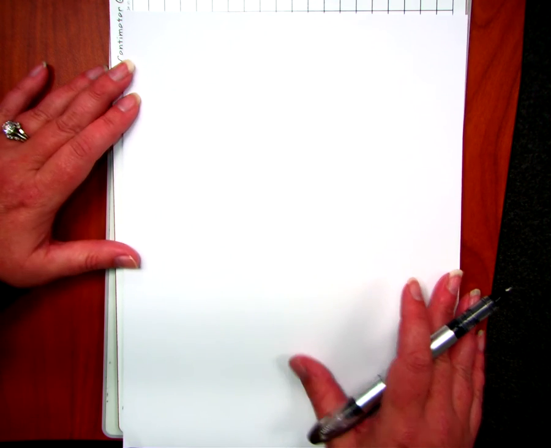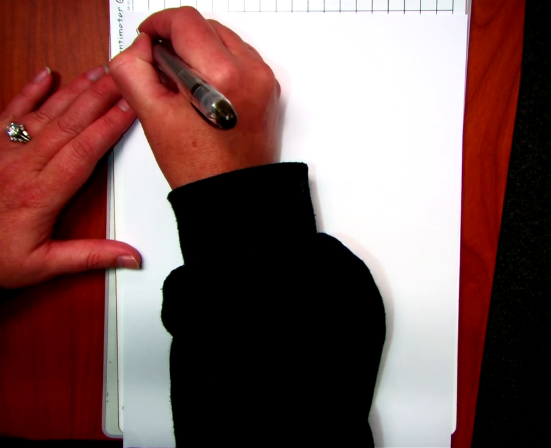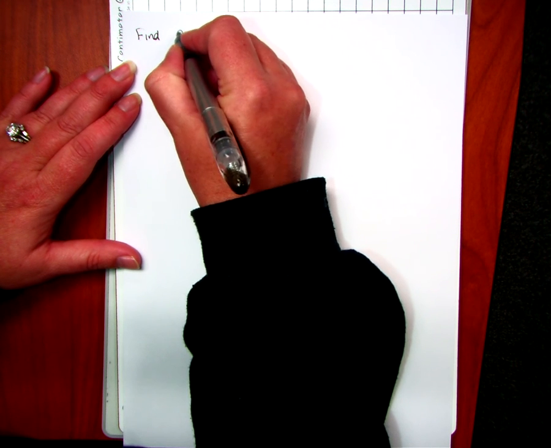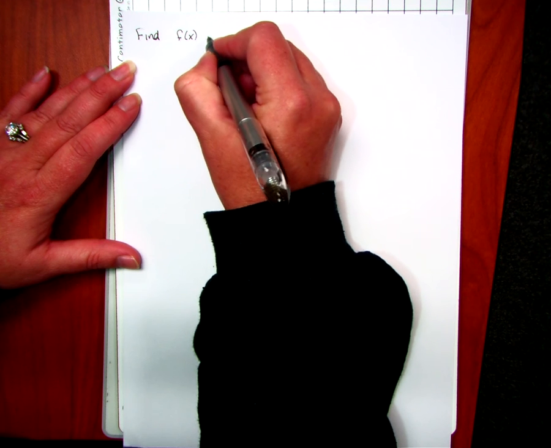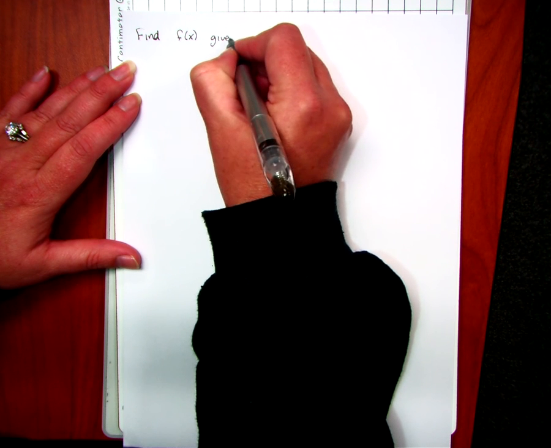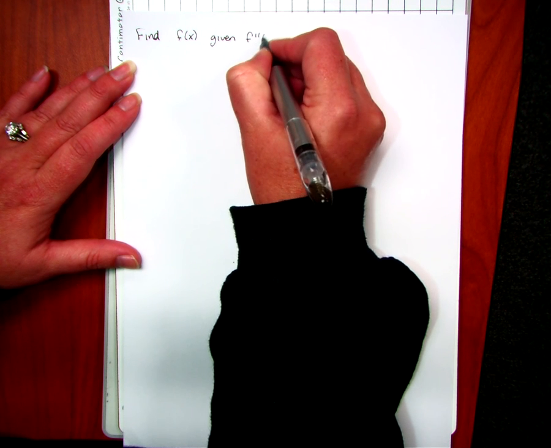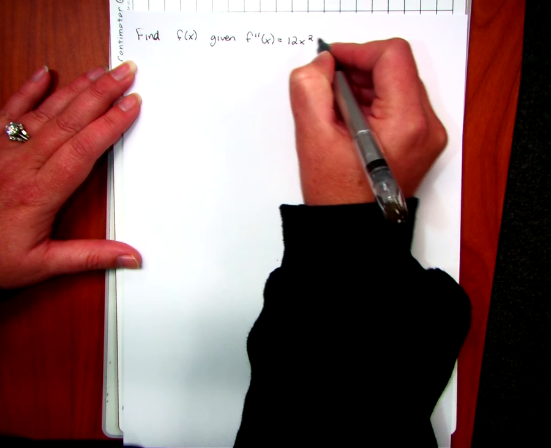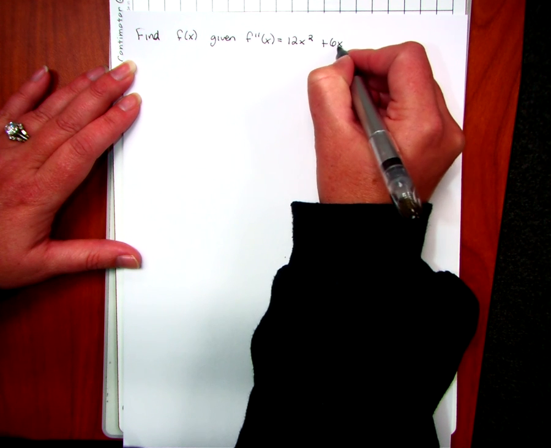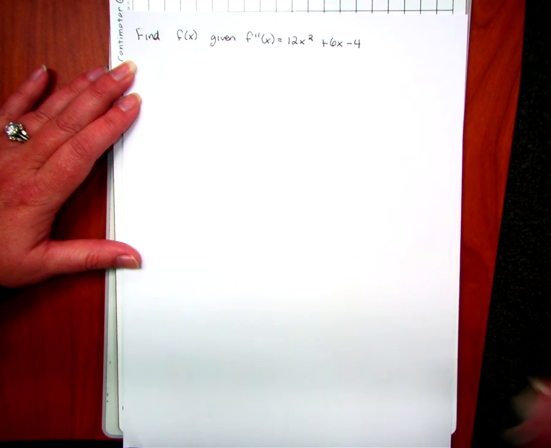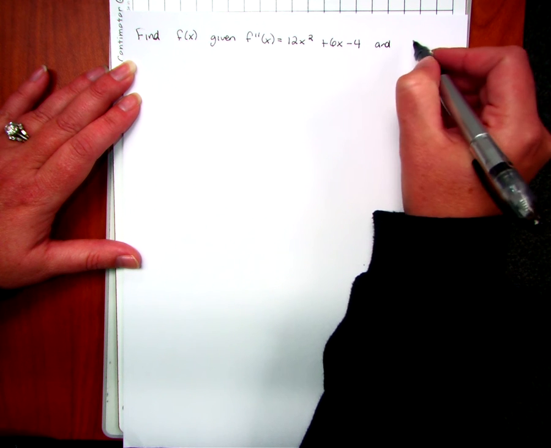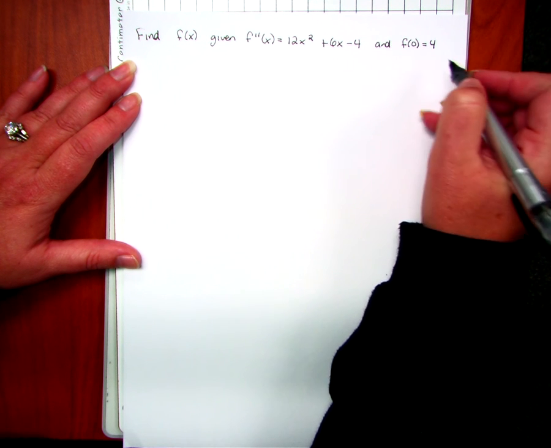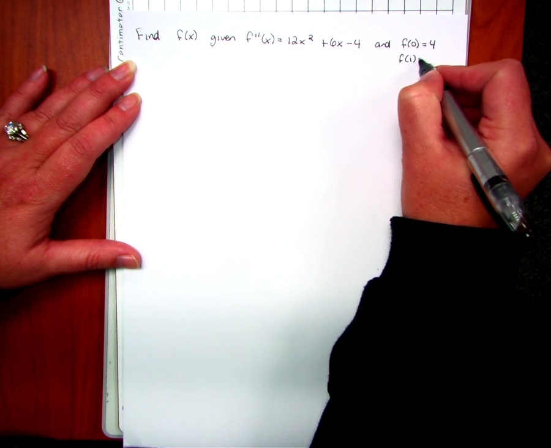So the directions are going to say something like find f of x if we're given the second derivative of f of x. And we're also going to be given 2 points here. We know that f of 0 is 4 and f of 1 is 1.